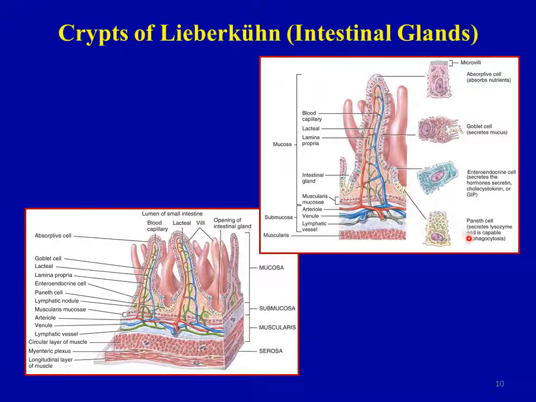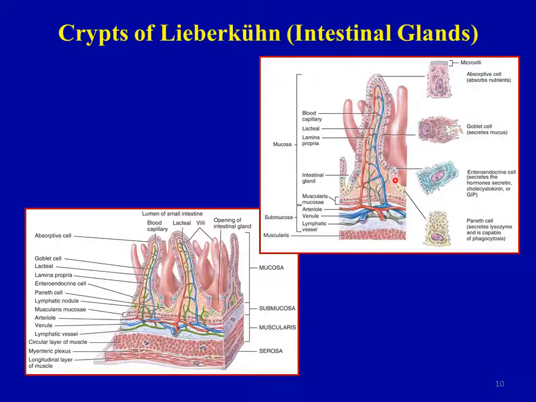At the base of the crypt of Lieberkühn, or the small intestinal gland, we can see another type of cell called the Paneth cells. These cells secrete lysozymes and also are able to perform phagocytosis. That's why the small intestine plays a role in defending the body against microorganisms. This illustration is a bit simplified.